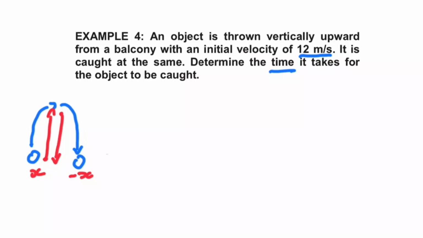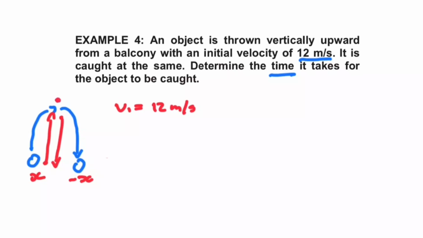So the initial velocity Vi is equal to 12 meters per second. Why is it positive? We're taking up as positive like we always do. So that is where we are starting. Vi is equal to 12 meters per second. And then at the maximum height, we know that Vf is equal to 0 meters per second all the time at the maximum height.